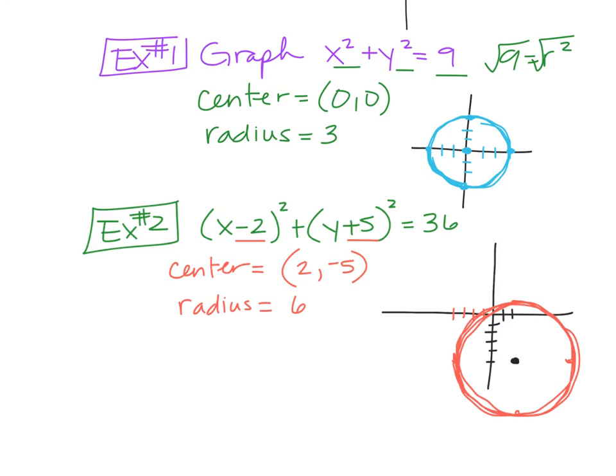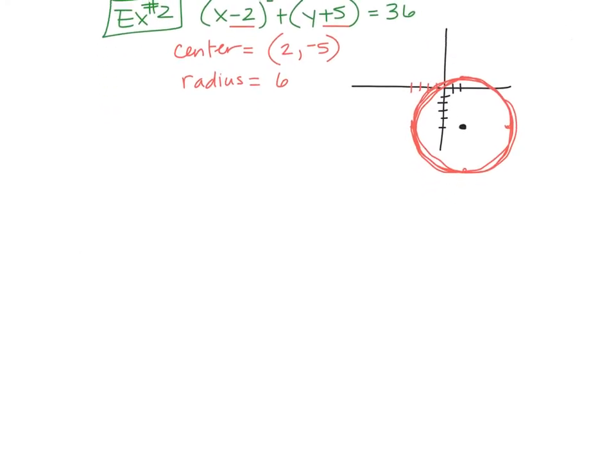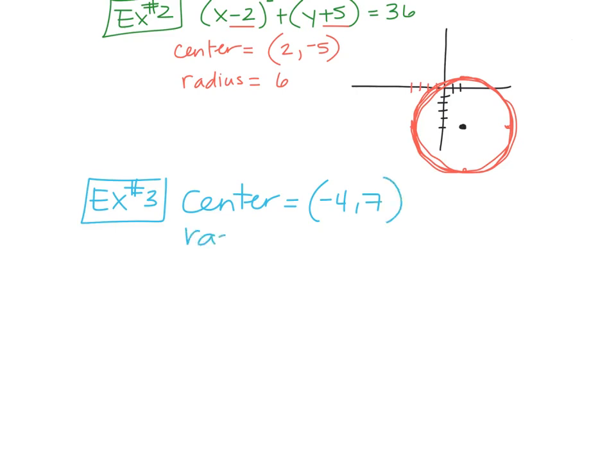Okay? Okay, let's switch it up. Now let's say, example 3, we're going to say the center of our circle is (−4, 7), and the radius is 4, and I want you to write the equation of the circle.